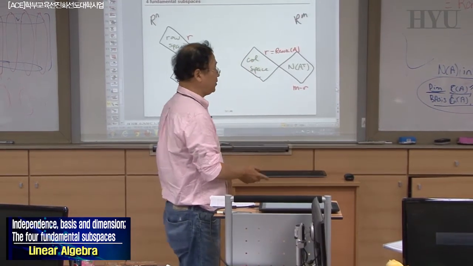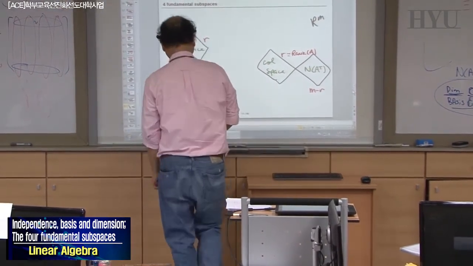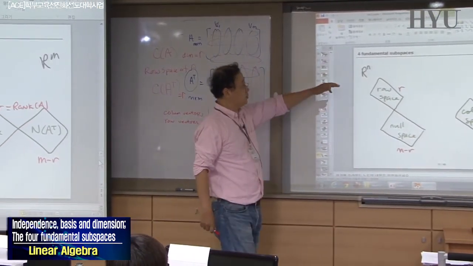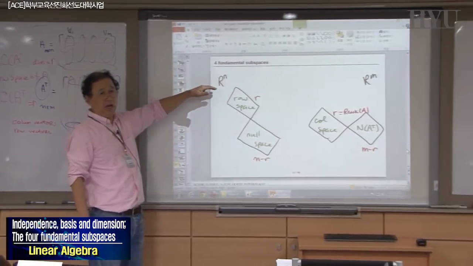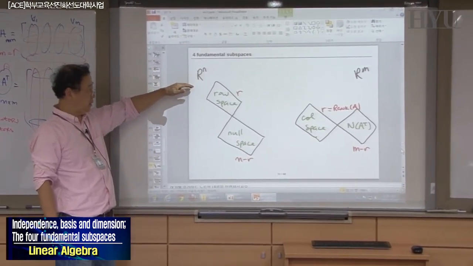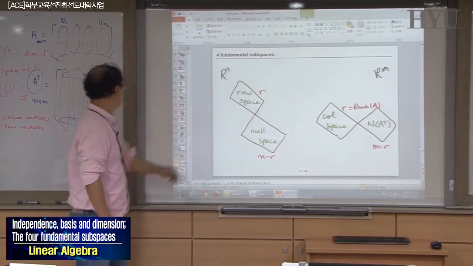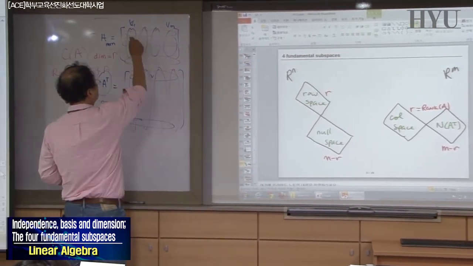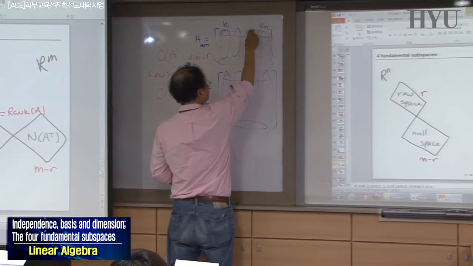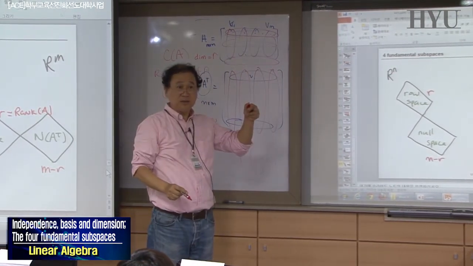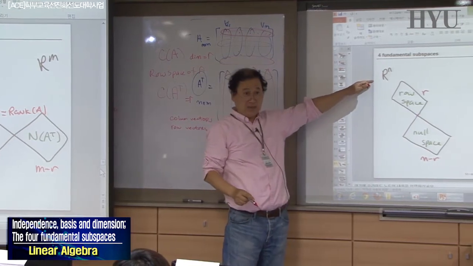Then I'll show a very interesting diagram. This is the space R^n. The row space is here: this is one row, and how many elements? It has n elements, belonging to R^n.